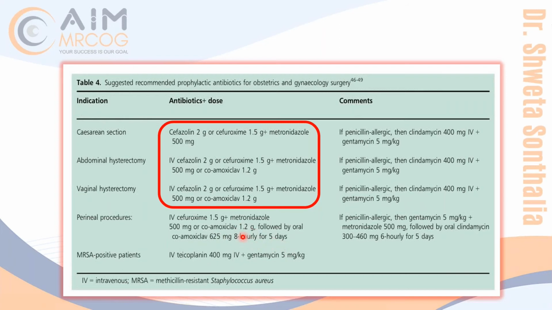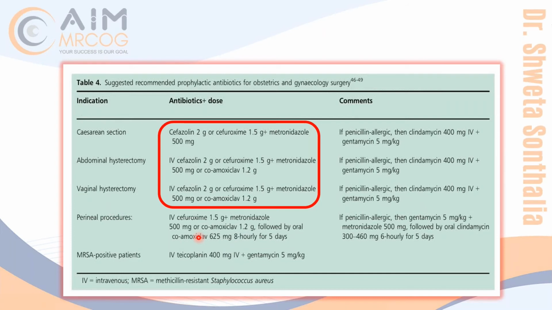So now you have a clear-cut value. Or you can give cephalosporin and metronidazole start, followed by coamoxiclav for 5 days. So both ways, you now have a fixed antibiotic for repair of third and fourth degree perineal tear.